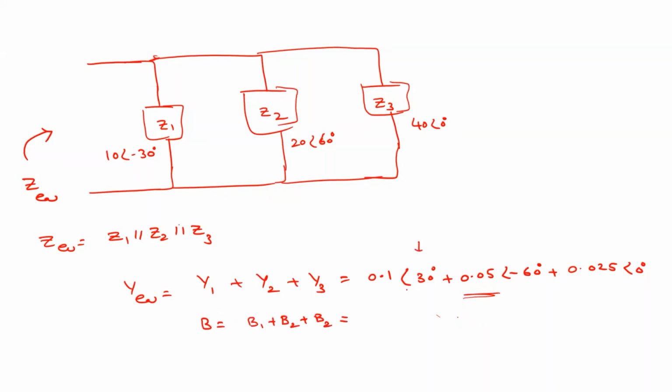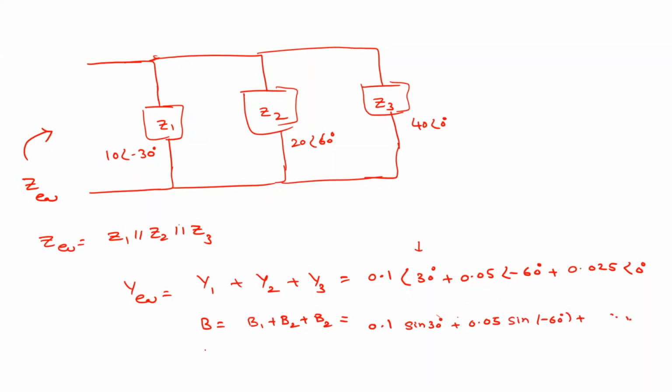What is B1 here? Is it 0.1 into sine 30 degrees, agree? Plus 0.05 sine minus 60 degrees, plus the third term.